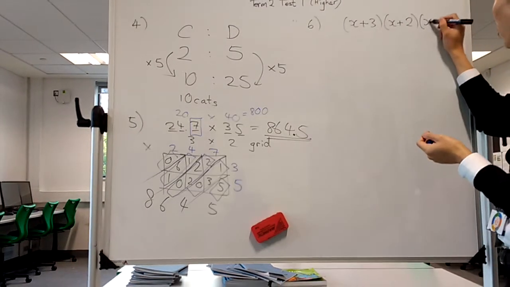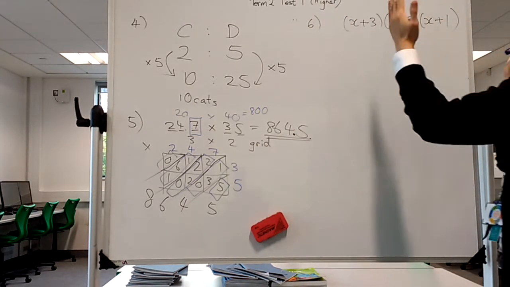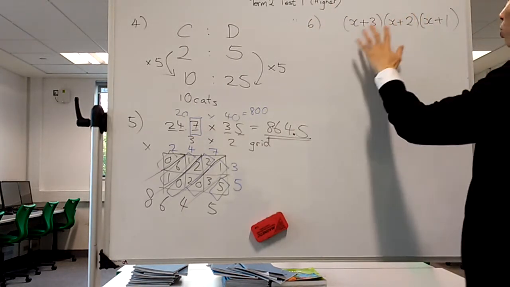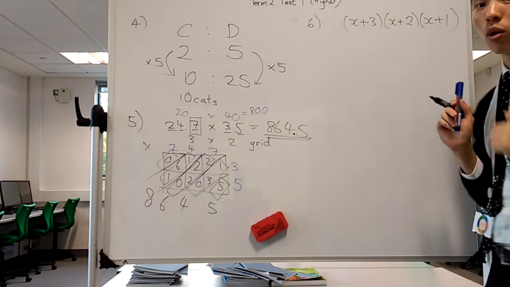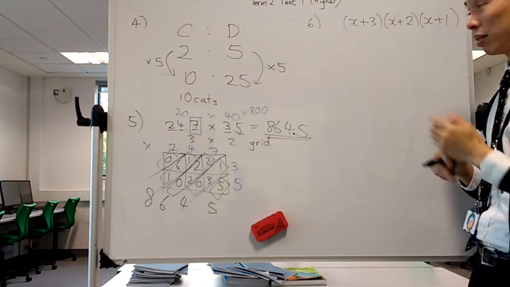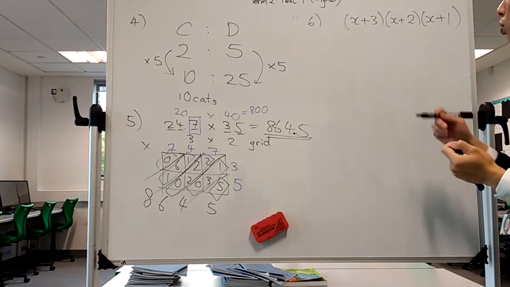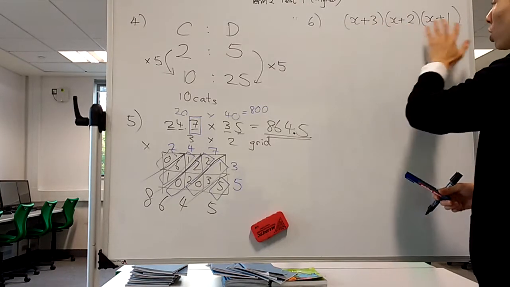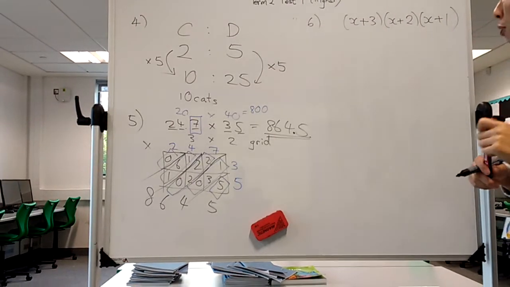We can multiply any number of sets of brackets. So, for our GCSE, I hope it is only going to go up to 3, okay? But be aware, you can multiply any. So I'm sure anyone who can multiply 3 can multiply any number of sets of brackets.